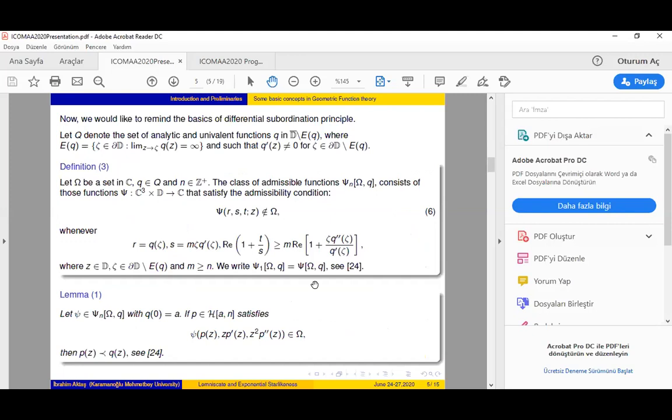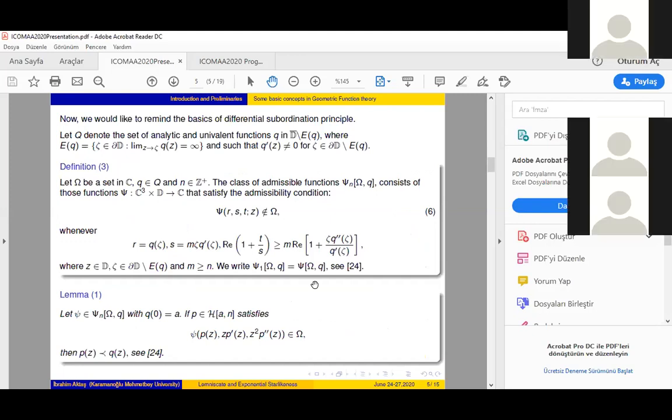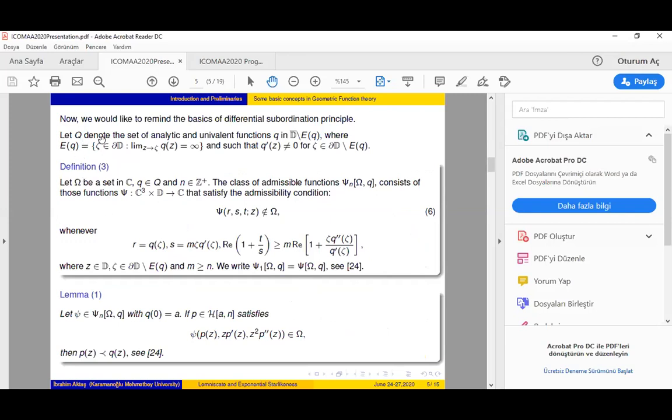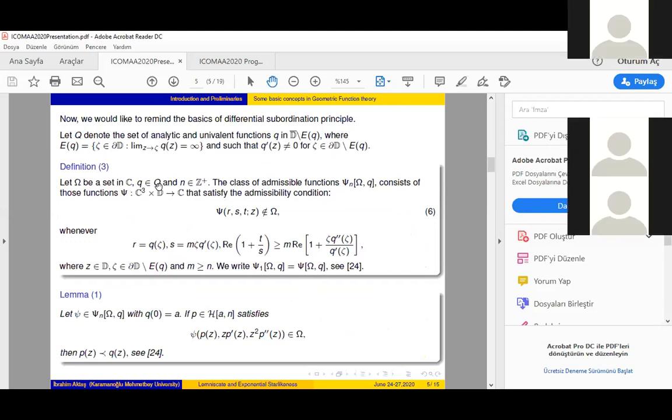Now, I would like to remind the basics of differential subordination principle. Let Q denote the set of analytic and univalent functions q in the closure of D minus E(q), where E(q) is like this, and such that the derivative of q is not equal to 0 for zeta. Definition 3: let omega be a set in the complex plane, q is in this set, and n is a natural number or positive integer.